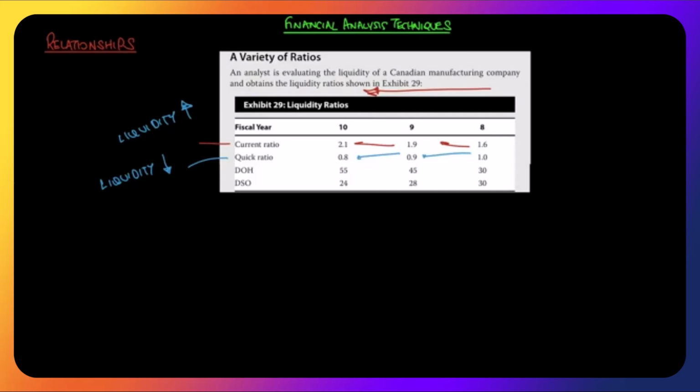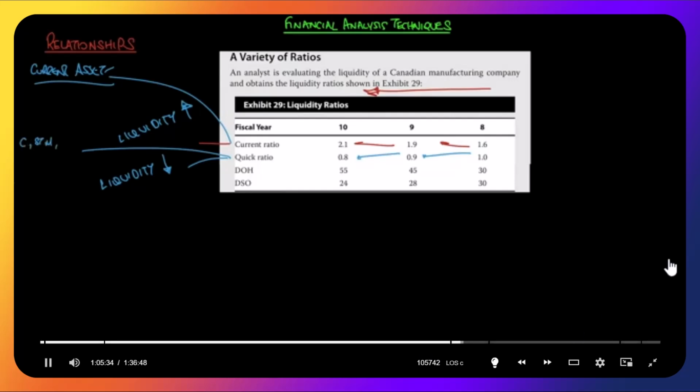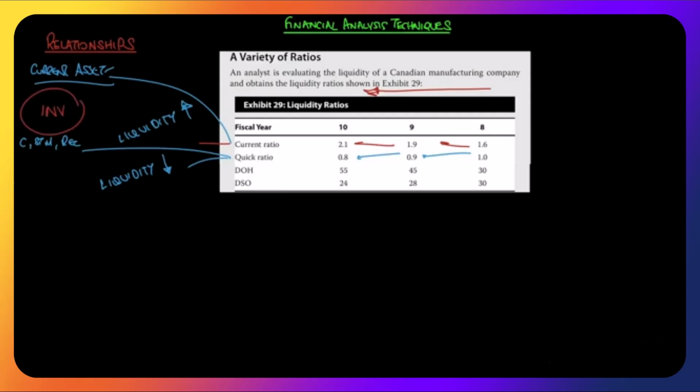So let's think what's in both. The current ratio, in the numerator, all of my current assets. In the quick ratio, in the numerator, cash, short-term marketables, receivables. What's the difference? Inventory. If my current ratio is increasing and my quick ratio is not, I'm going to attribute that increase to an increase in inventory.